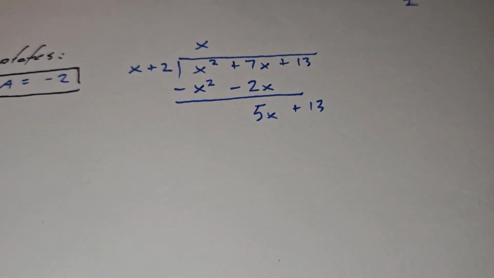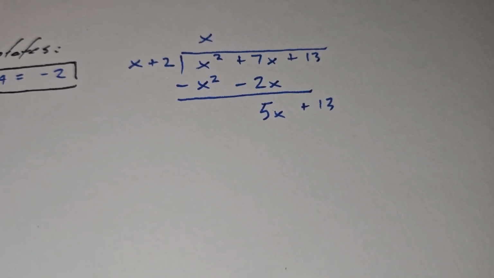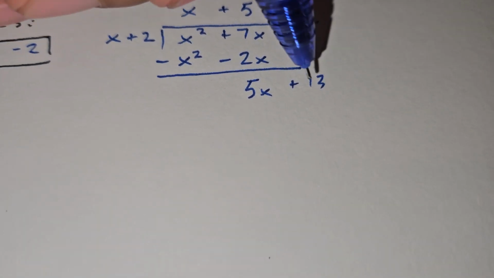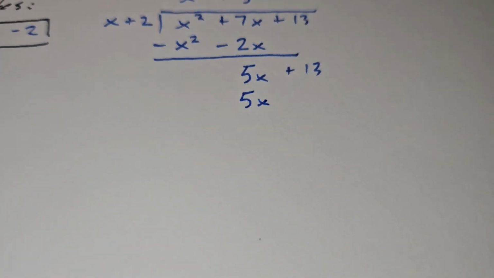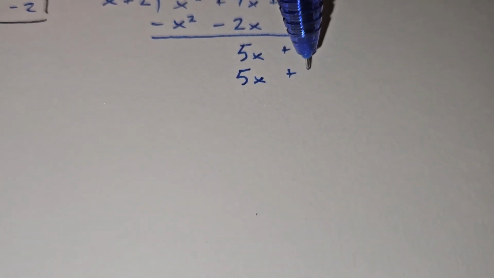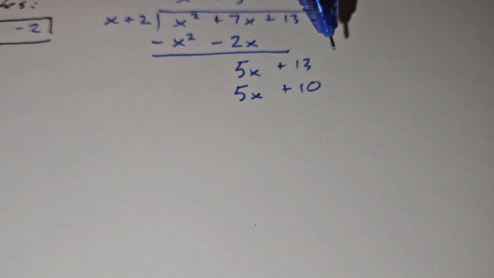What will give us 5x here? That will be a positive 5. 5 times x is 5x, and 5 times 2 is 10. Now we are going to subtract.